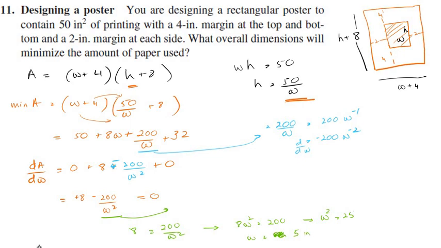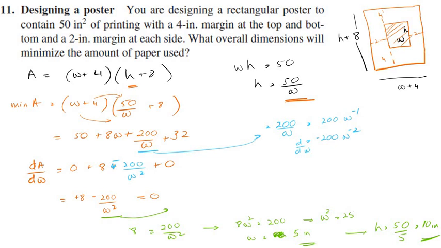So if W is equal to 5, then H is equal to 50 over 5, H is equal to 10 inches. If you use W equals 5 and H equals 10, you get the minimum amount of printed area.